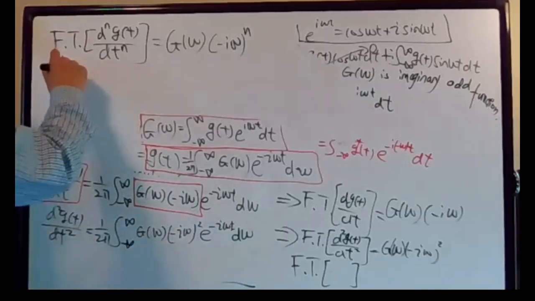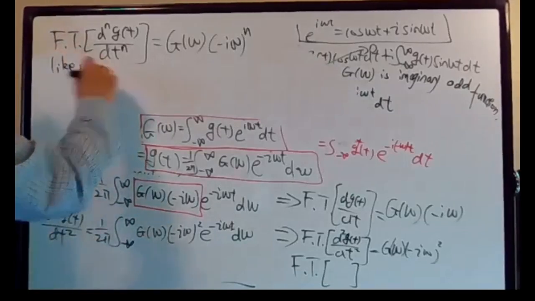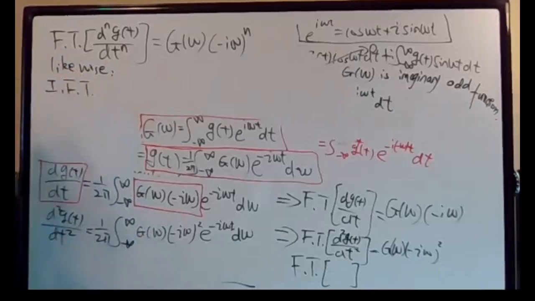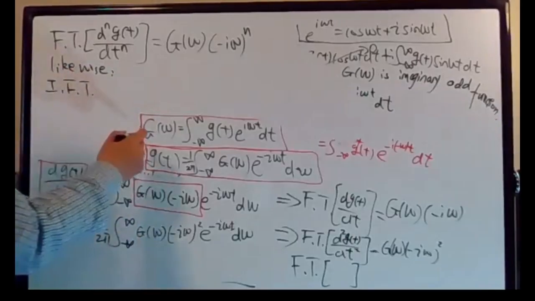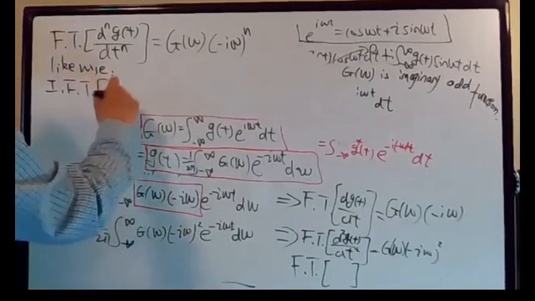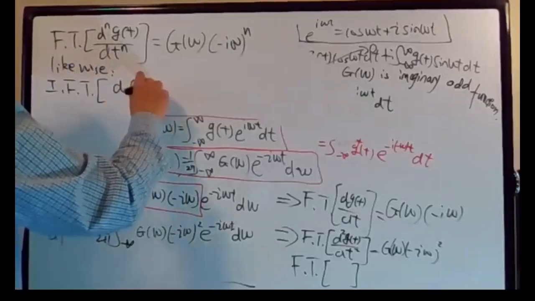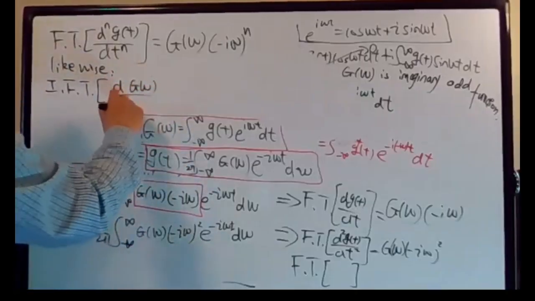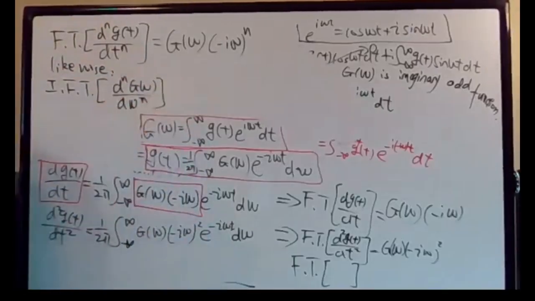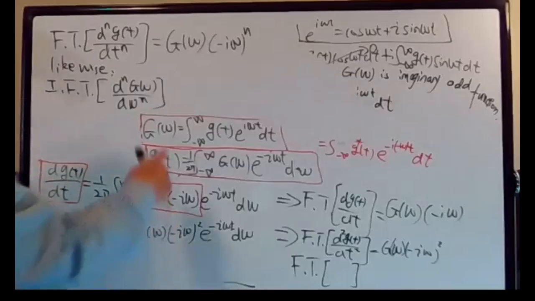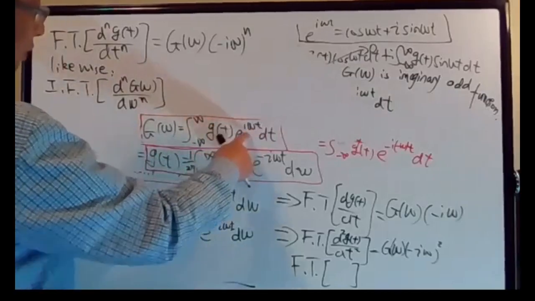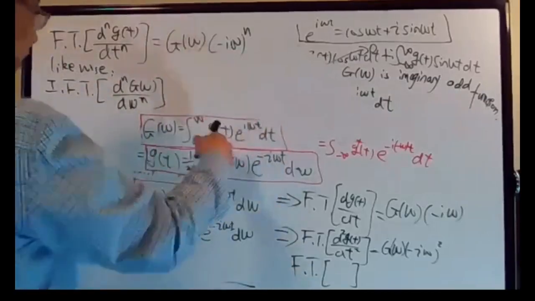Likewise, we can take an inverse Fourier transform, and then take a derivative here. We can take a derivative of g(omega), but this time with respect to omega. The nth derivative d^n over d omega^n, with respect to omega, brings down an i t each time.